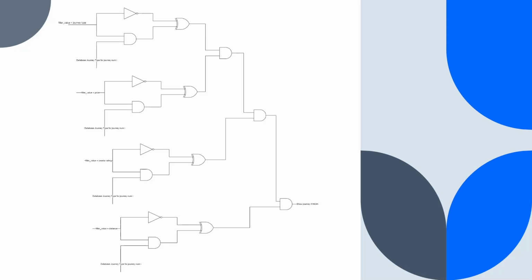This means that if the filter is left empty, journeys will still appear on the Journeys page. The output of the XOR is high when either the filter is empty or a value in the database has been found based on the filter value. The output of the 4 XORs get ripple ANDed together. The final output of the filter are all the journeys that meet the filter values.